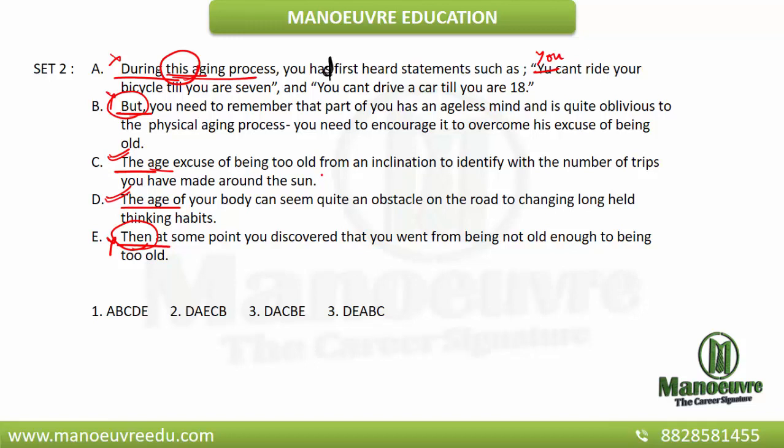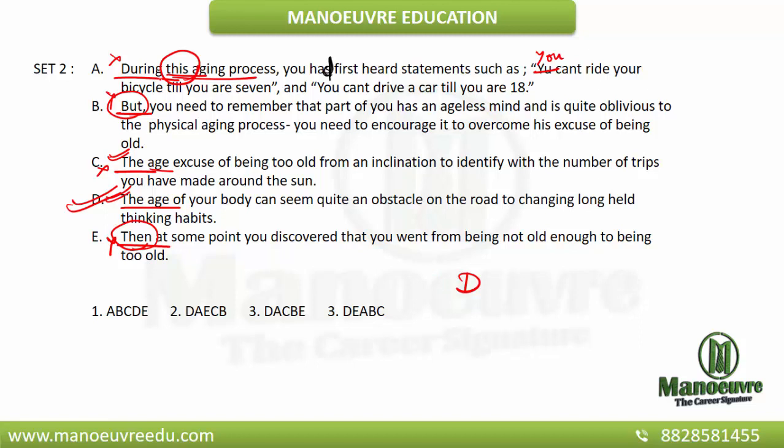This does not talk about the theme of the passage in front of us, and therefore this cannot be our opening statement. Let us look at statement number D. The age of your body can seem quite an obstacle on the road to changing long-held thinking habits. Yes, this definitely talks about the theme. This can be our opening line. So the first statement is going to be D. Let us see the next statement.